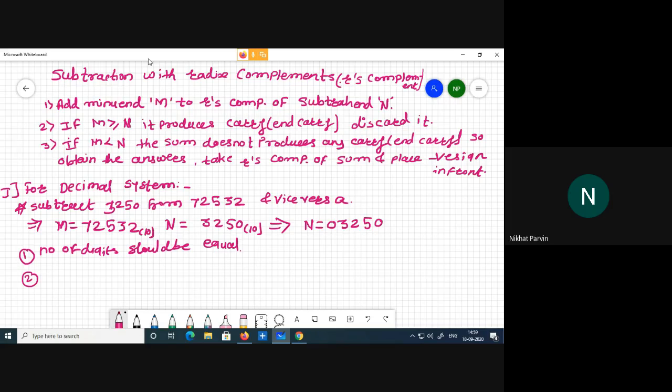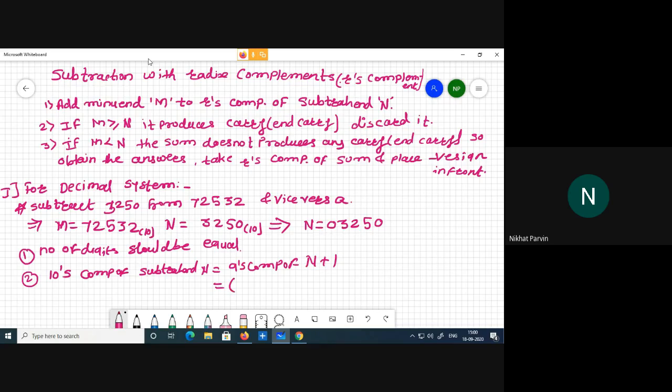I need to take the r's complement of my subtrahend. Here my r is 10. Therefore, the tens complement of subtrahend n I can get as the 9's complement of n plus 1.